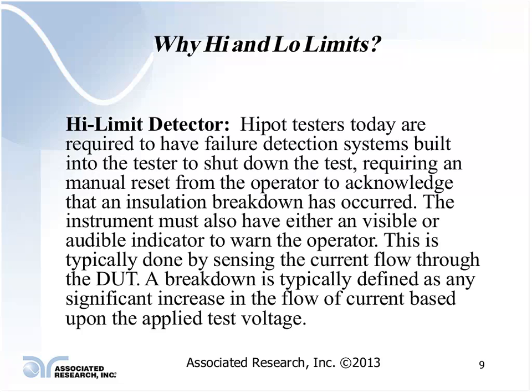We went out to the production area and I witnessed an operator setting up and performing a Hipot test on one of their products, and they Hipot tested the product, and at the same time the tester that they were using did not perform a continuity test. They were doing that as a separate function.